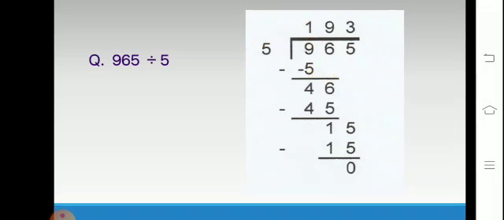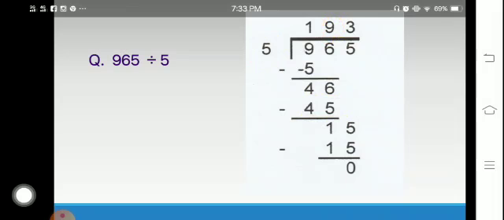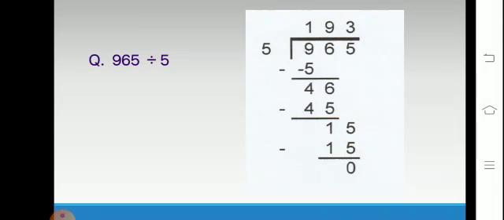6 goes down here, it's now 46. Now you have to see whether 46 is in the table of 5. No, but there is 45. So write the place where 45 is. 5 nines are 45. So you write 45 here. Subtract 45 from 46, you get only 1.